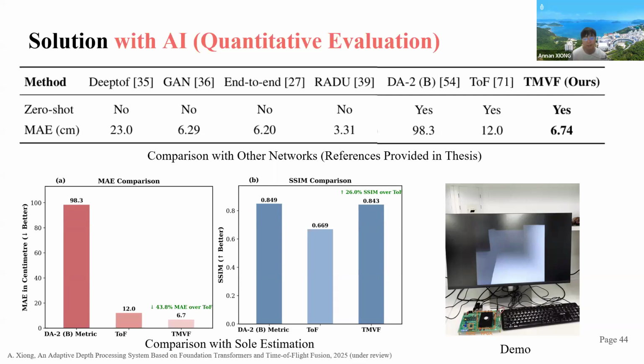Even in this case, compared to the sole ToF method, the TMVF can achieve a 43.8% MAE improvement compared to the previous ToF one, and also a 26% SSIM improvement compared to the single ToF. We have achieved good accuracy and good SSIM. And here shows the demo of the architecture.